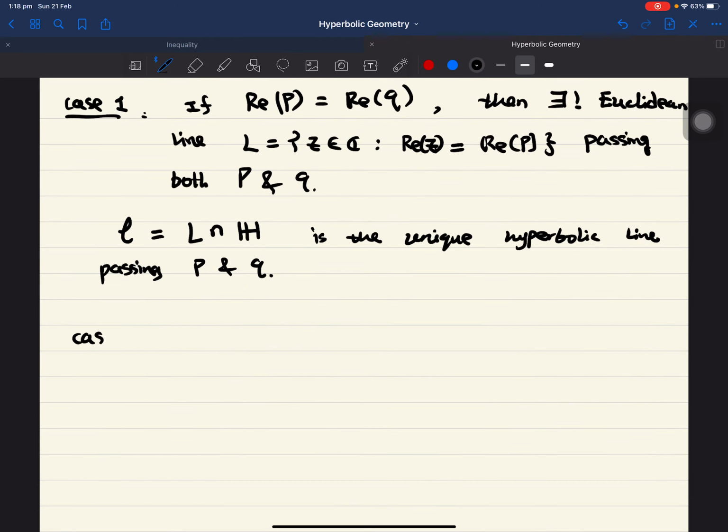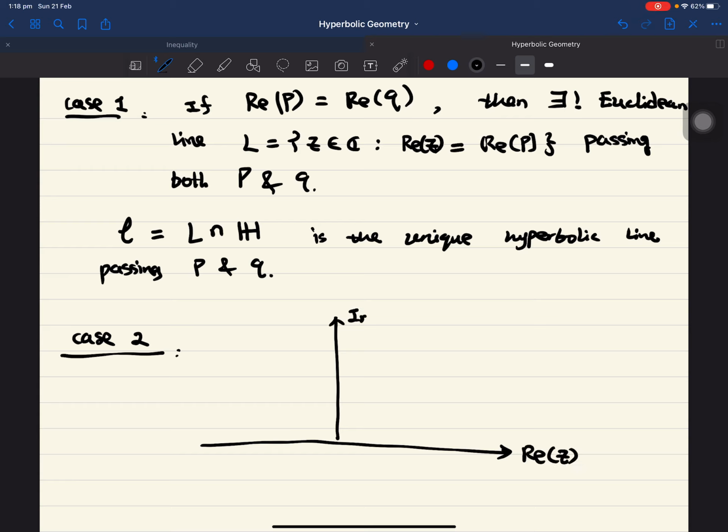And case 2, if the real parts of P and Q are not equal, then there exists a unique Euclidean circle passing through them.